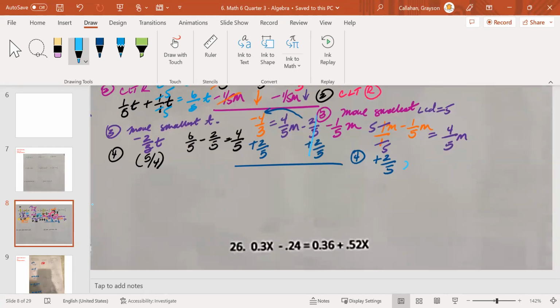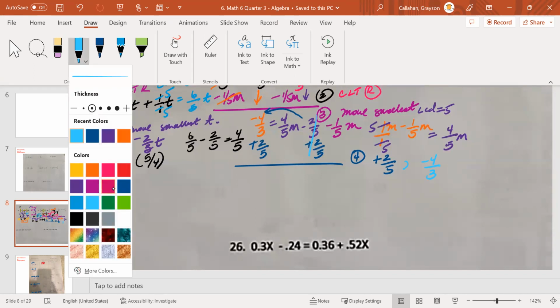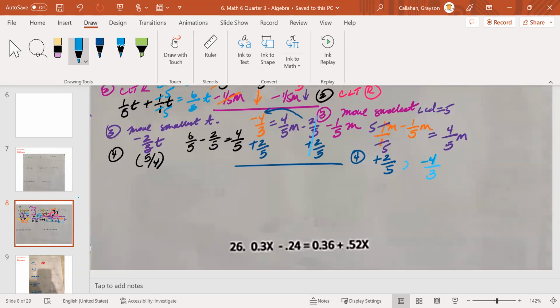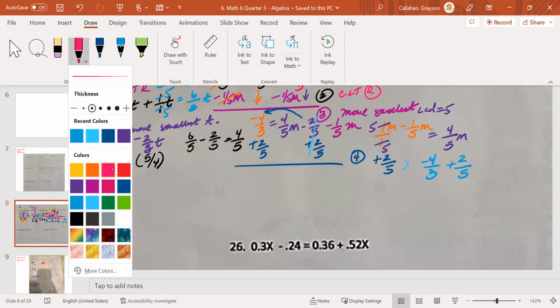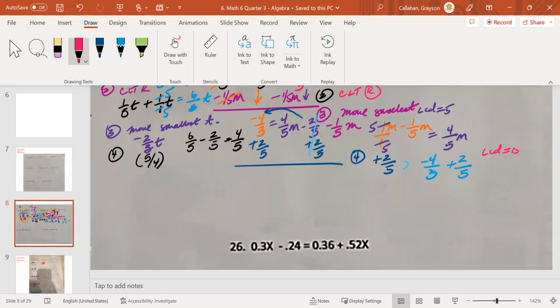So you're going to work on this on the side here. On the left, you have a negative 4 over 3 plus 2 over 5.